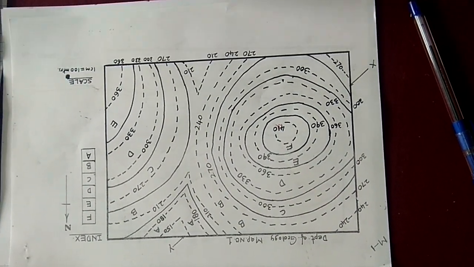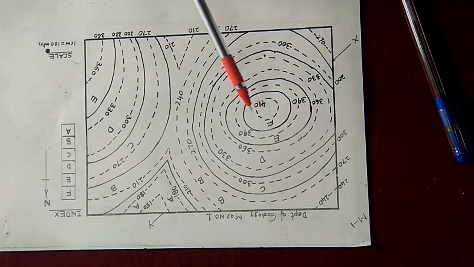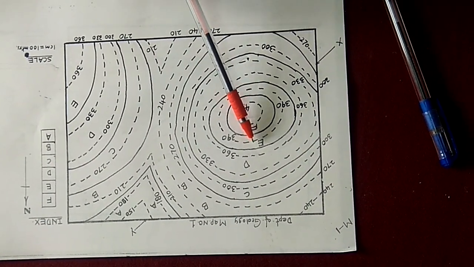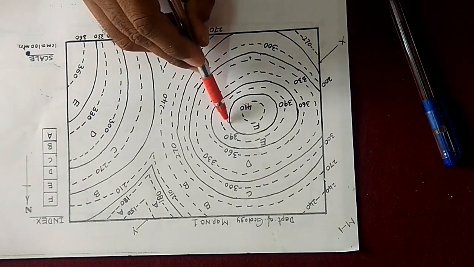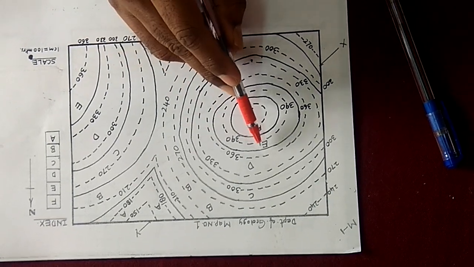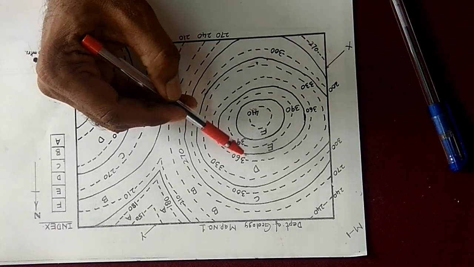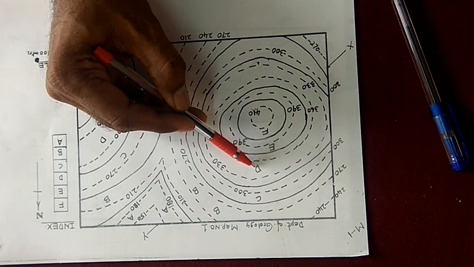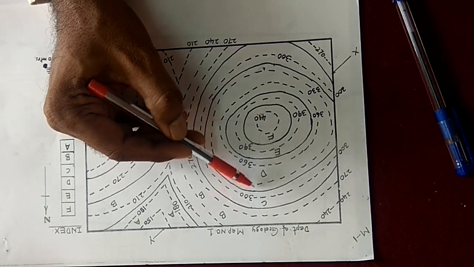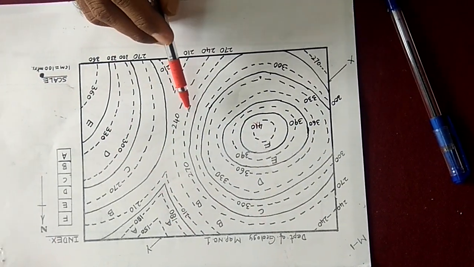Beds are horizontal. Now here is the F, here is the E. This much area represents the E, this much area represents the D, this much area represents the C, likewise it goes on.